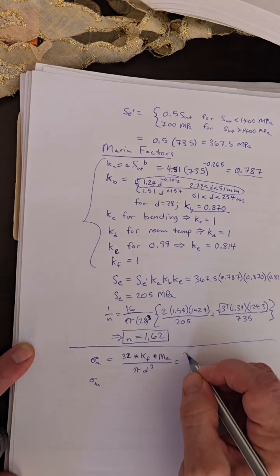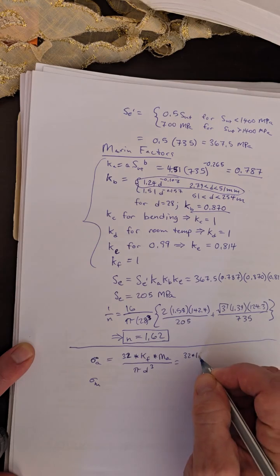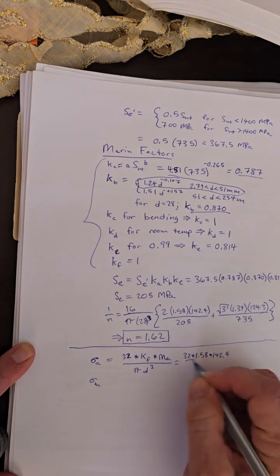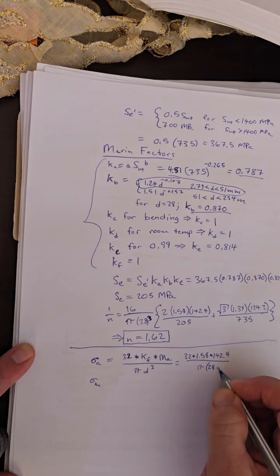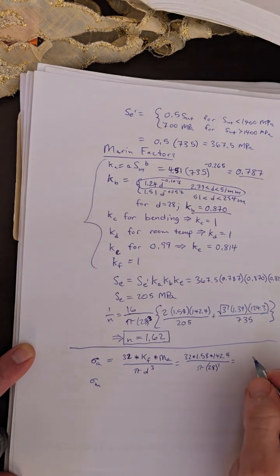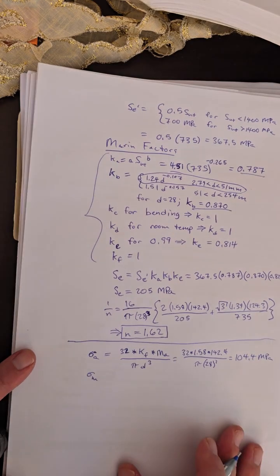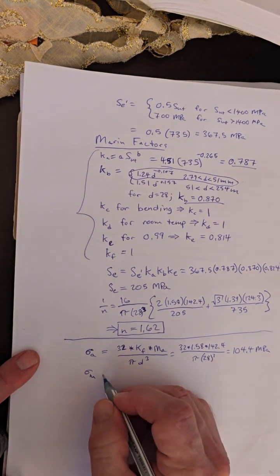If you plug those values in, 32 times 1.58 times 142.4 over pi times 28 millimeters cubed, you get 104.4 megapascals. Gotta watch your units, but alternating stress of 104.4 megapascals.